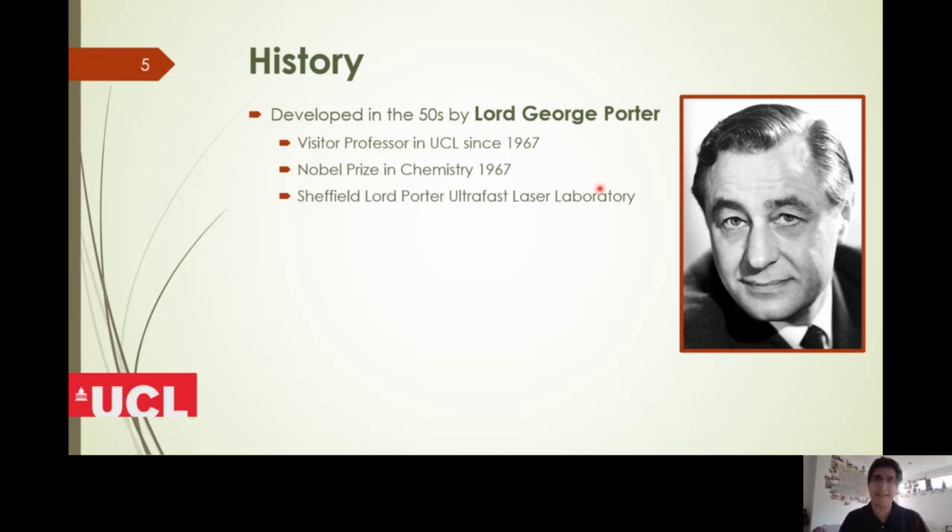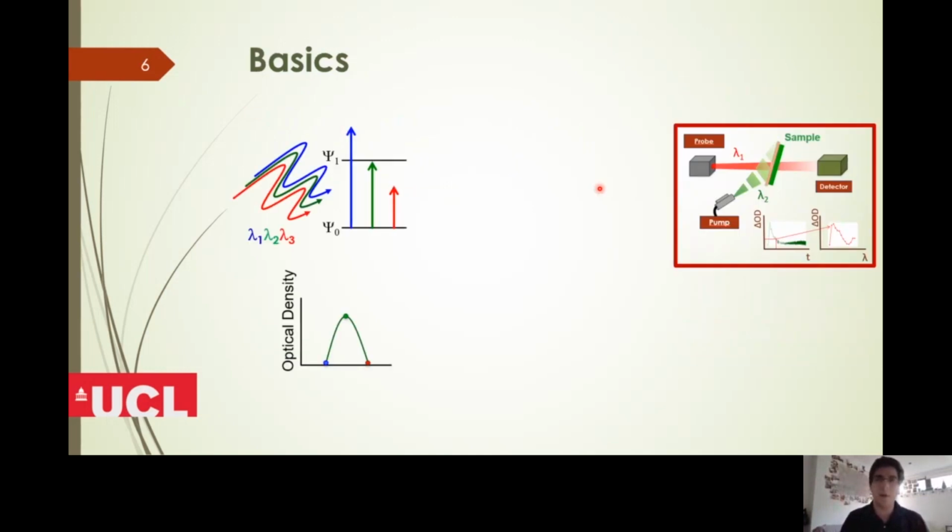So what is TAS? TAS is a somewhat complicated technique to understand sometimes. Some people struggle a little bit, but I find this way to approach it quite good. Before focusing on TAS, let's think about ground state absorbance, because almost everyone has measured it.